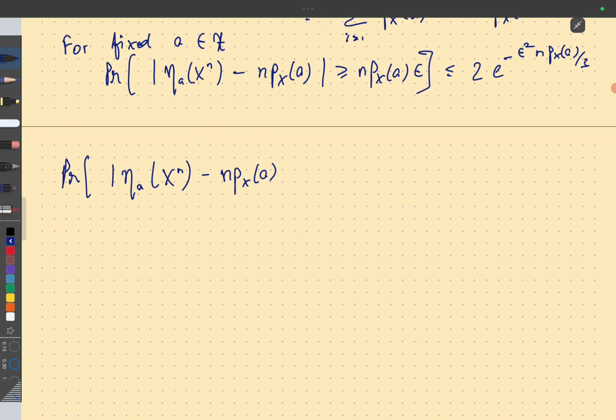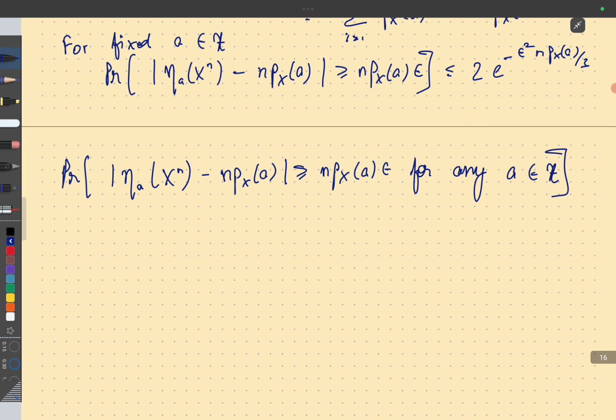Right. So what is the probability that the number of times any symbol occurs, not just one particular A, the probability that this is greater than n times Px of A times epsilon for any A from this particular set, script X. So for example, let's suppose that the symbols are 0, 1, 2, 3.